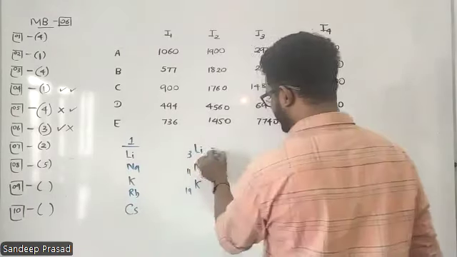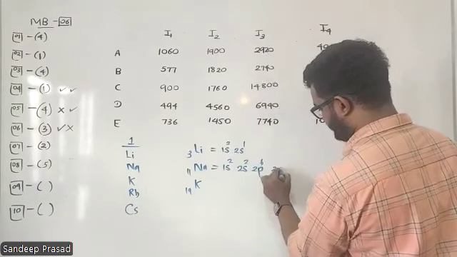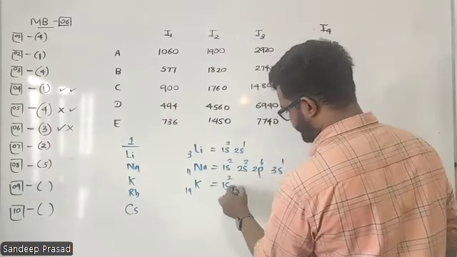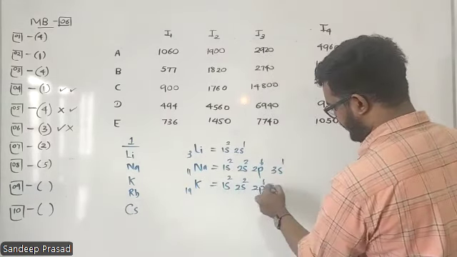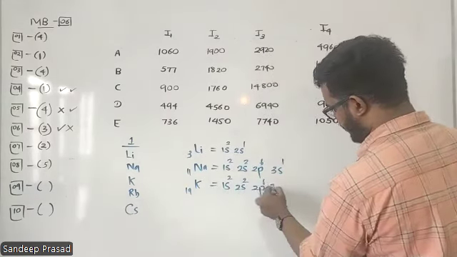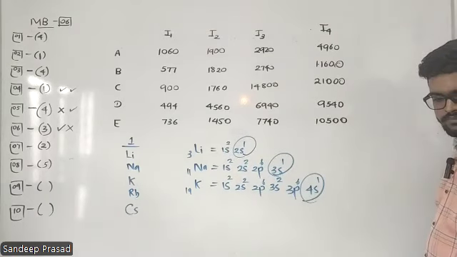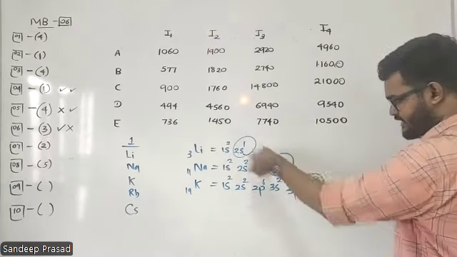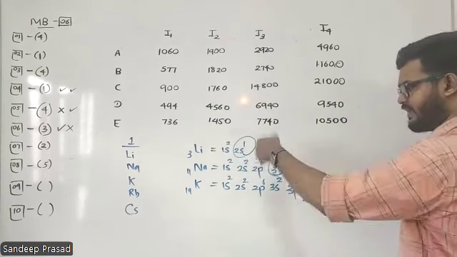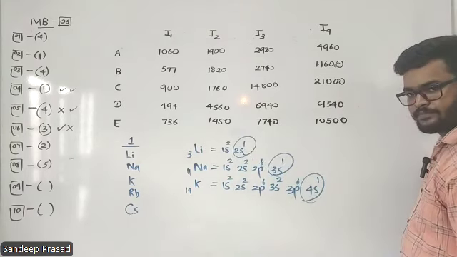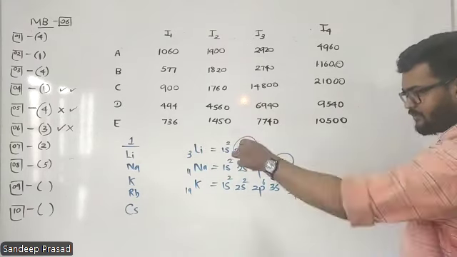Lithium is 1s2, 2s1. Sodium is 1s2, 2s2, 2p6, 3s1. Potassium is 1s2, 2s2, 2p6, 3s2, 3p6, 4s1. Look at these configurations: 2s1, 3s1, 4s1. So the valence configuration is the same, no? A common valence configuration. Likewise for other groups also.